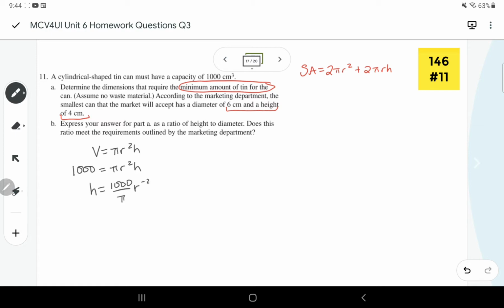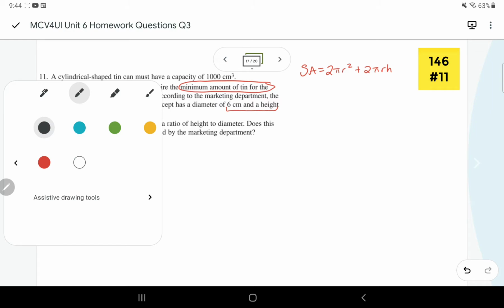I'm putting this negative exponent because I know I'm going to need that when I do my derivative. I could just put 1,000 over pi r squared, though that would be fine as well. So I'm going to take this and sub it into my surface area equation for h, and then we will look at the boundary conditions.